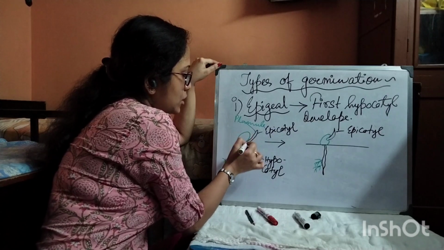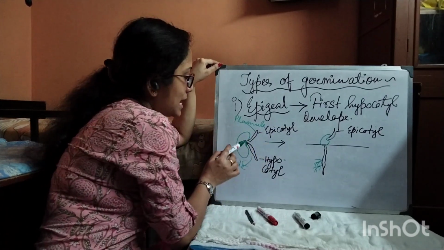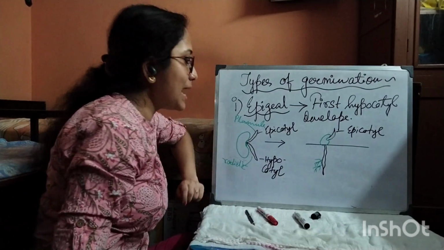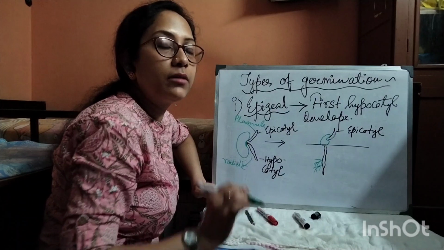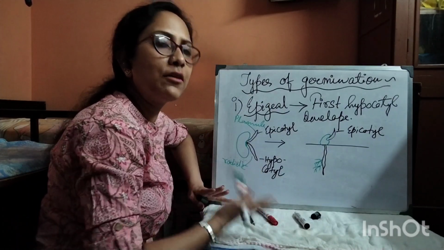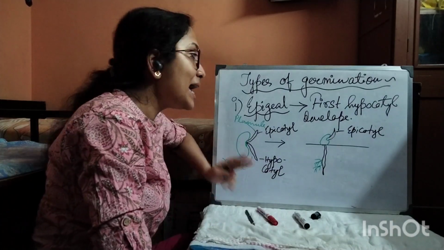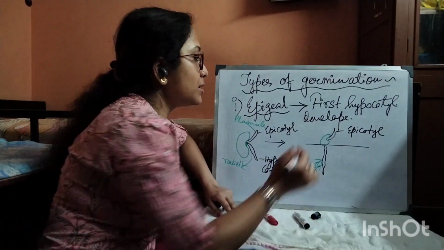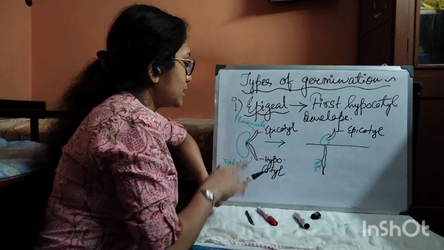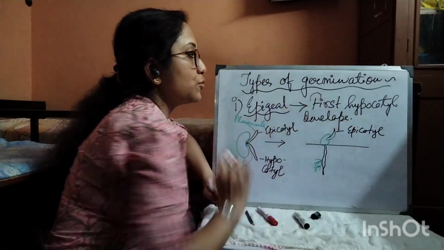Upon getting favorable conditions, an ample amount of oxygen, nutrients, water, etc., it will start germinating. And in case of epigeal germination, first what develops?